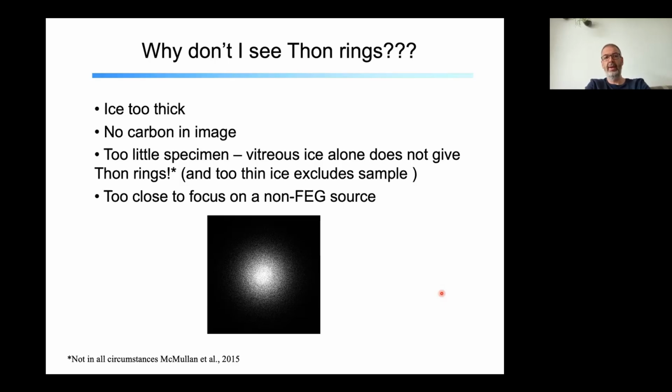As I say, if you have very sparse particles and you don't include any carbon in your images, then you're probably not going to see too many Thon rings. And also if you're too close to focus, or if you're using a non-FEG source.